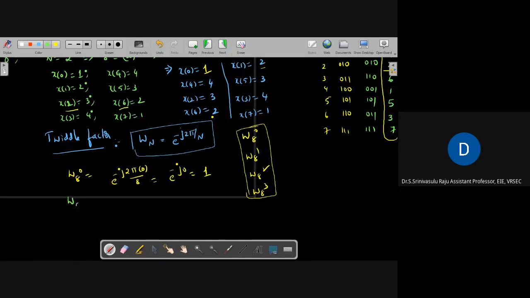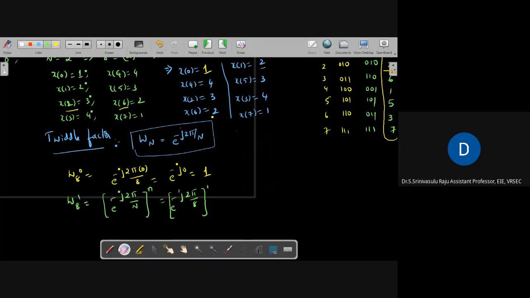Next one, W8^1. What is the meaning of W8^1? It is e power minus j 2 pi by capital N, whole power small n. What is capital N here? It is e power minus j 2 pi by 8, whole power 1, which is e power minus j pi by 4.